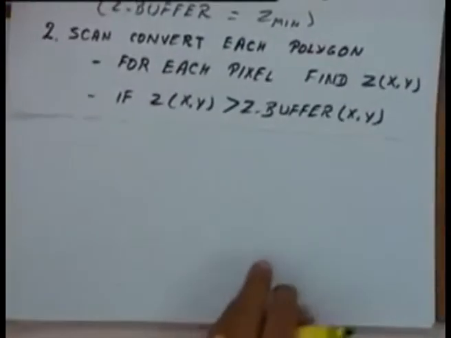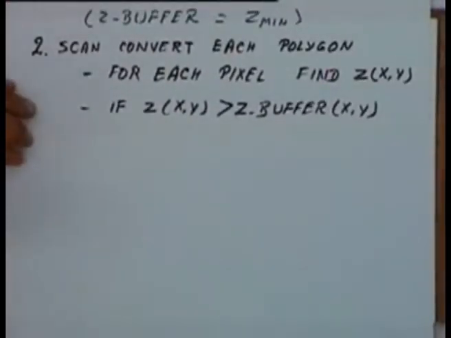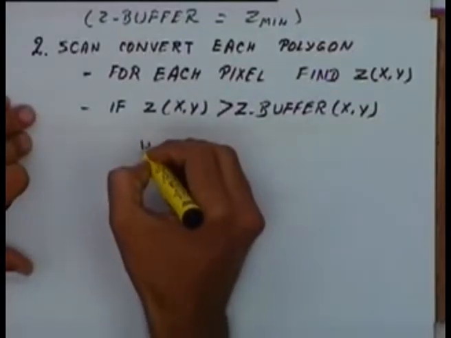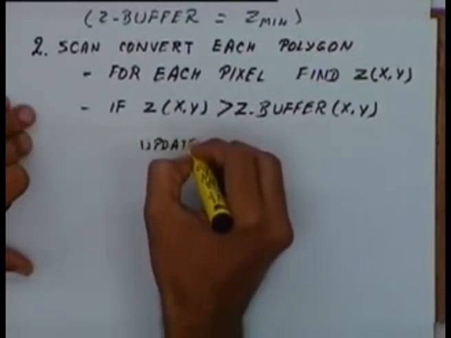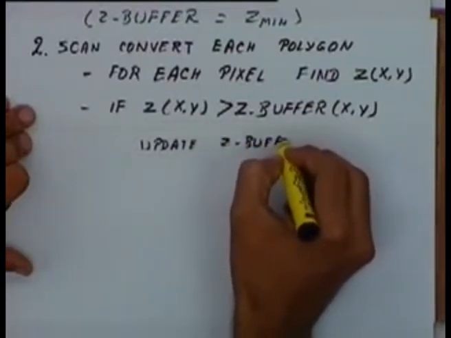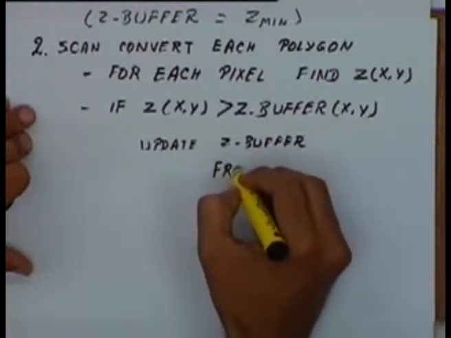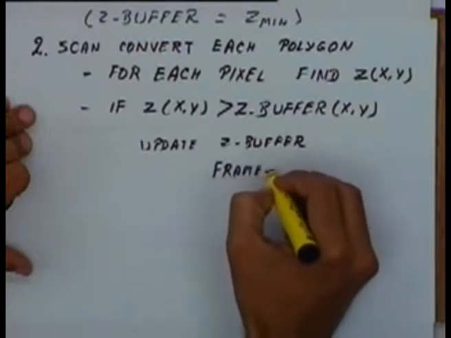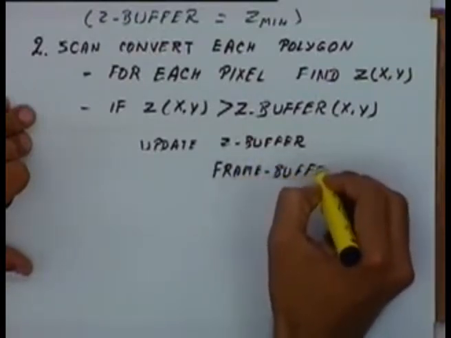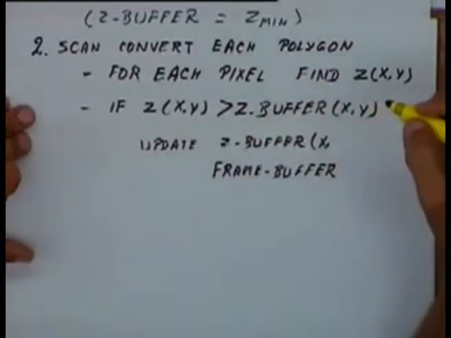In that case, we will update the z buffer, and we will update the frame buffer for any change in color intensity.